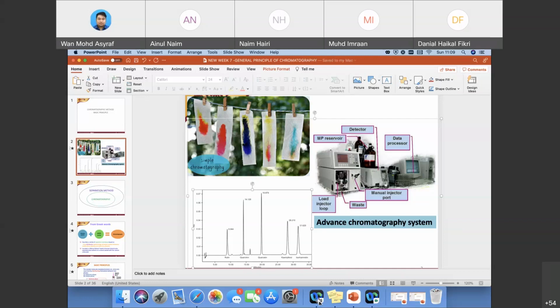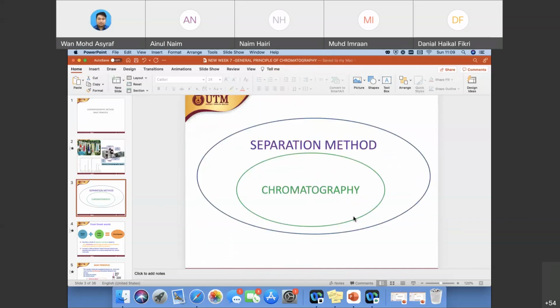All right, so with that in mind, chromatography lies inside the separation methods. Now we are trying to learn how we can separate these organic analytes so that we are able to identify each of the components as well as quantify each of the components. So that's how you apply chromatography inside your separation methods.